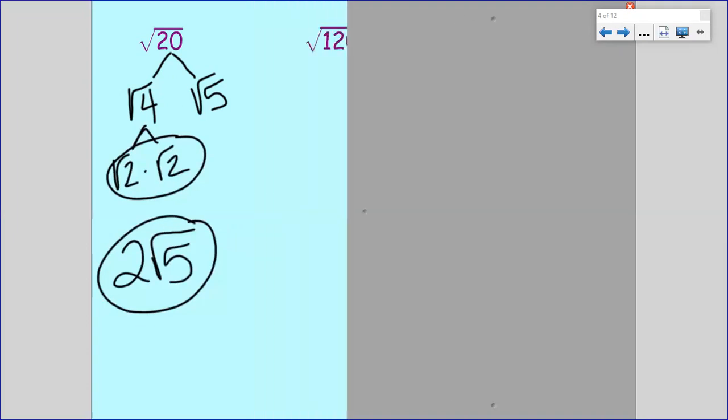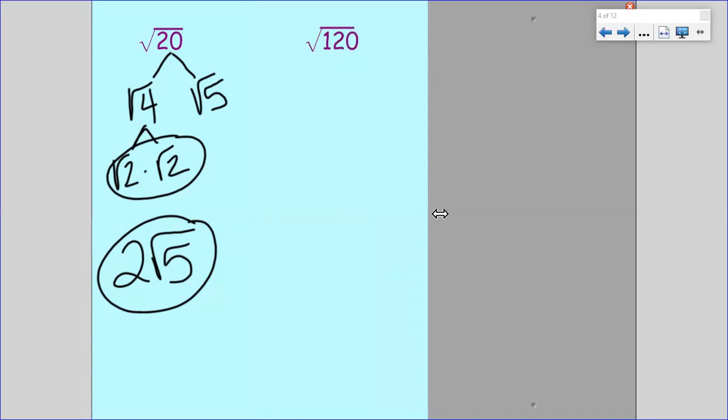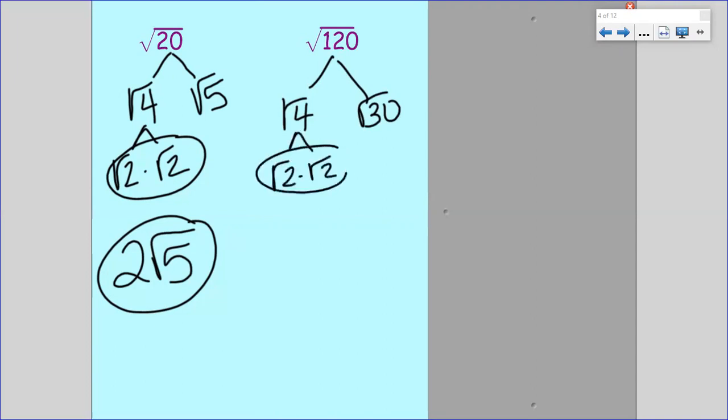So let's look at the next one, 120. Okay, so what factors of 120 are perfect squares? Let's see, the square root of 4 times the square root of 30. All right, so the square root of 4 is 2. Again, you don't have to do this, I'm just doing it to show you. There's a double. Cool, that's coming out.